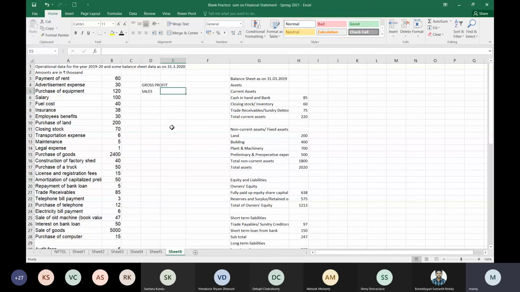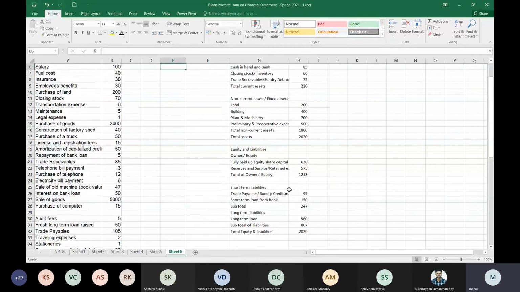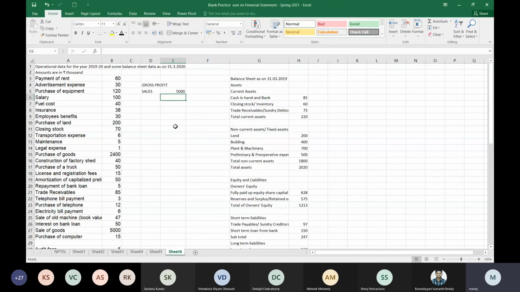If you earn anything else by selling unusual or irregular things, like say you sell some furniture or some obsolete machine, these are not part of sales. So here our sale of goods is 5,000. So our sales during the year is 5,000.